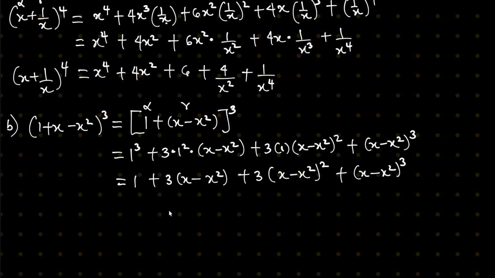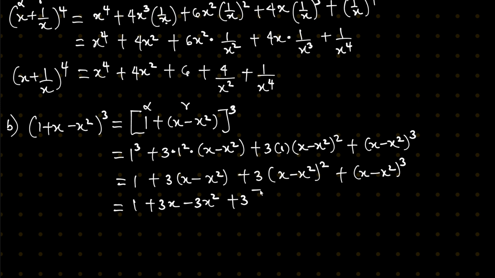So we can decide, it depends, you can factorize, right? Or you can just go on with the expansion. So I'm going to go on with the expansion. Okay, 1 plus, I open this bracket, I have 3x minus 3x squared plus 3.